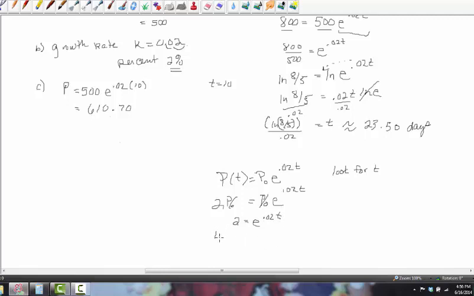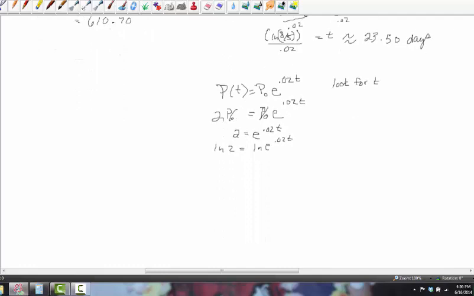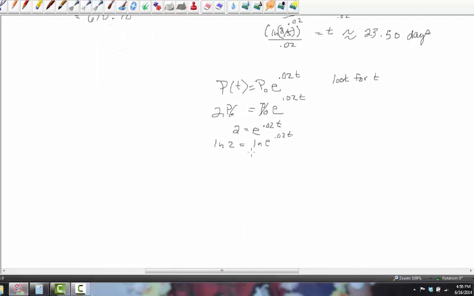I'll take the natural log of both sides to solve this. I'll bring the exponent down. Natural log of e is 1, so t is equal to the natural log of 2 over 0.02.